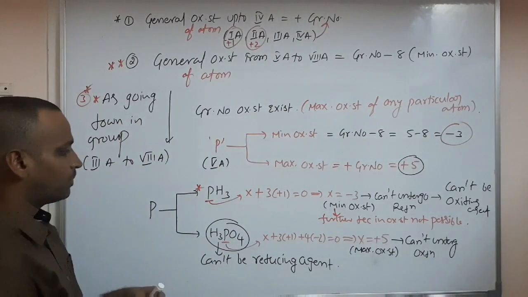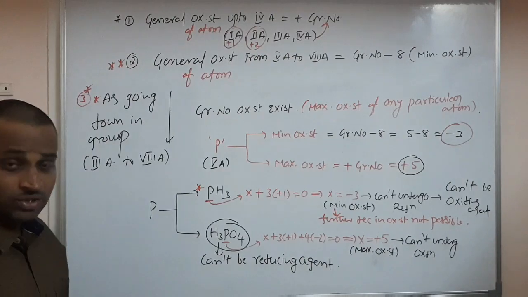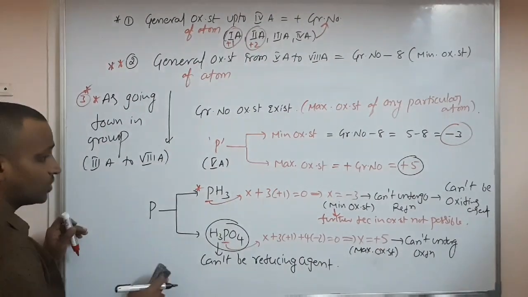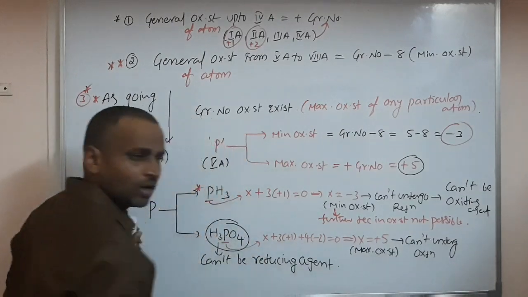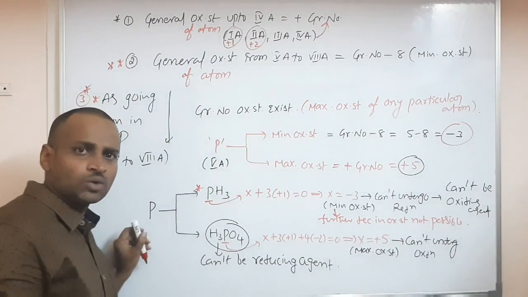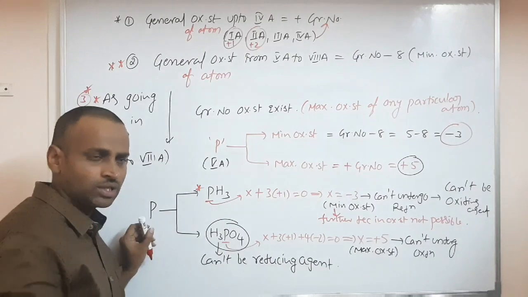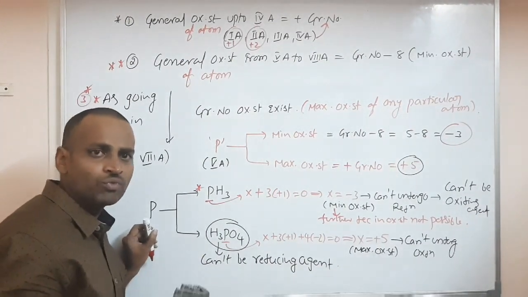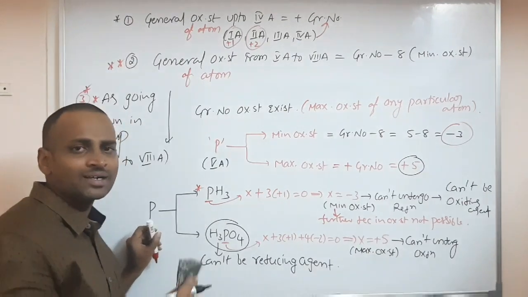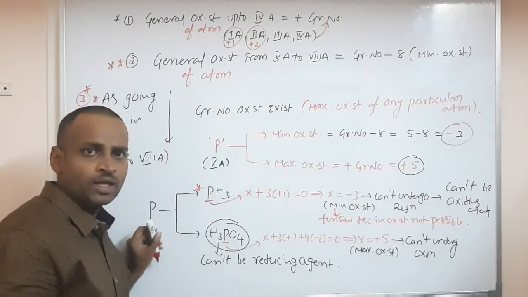So have a look and please take a screenshot. This is very important. From this you can say who is the oxidizing agent and who is the reducing agent. One more way is there to know which is undergoing reduction, which is undergoing oxidation, which is the reducing agent and which is the oxidizing agent. We will come to know from SRP values, standard reduction potential values.